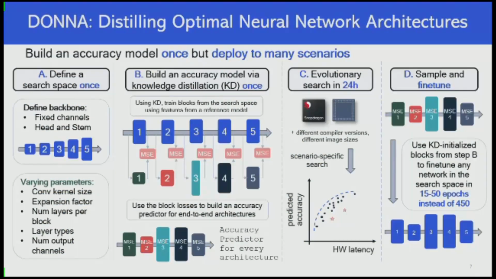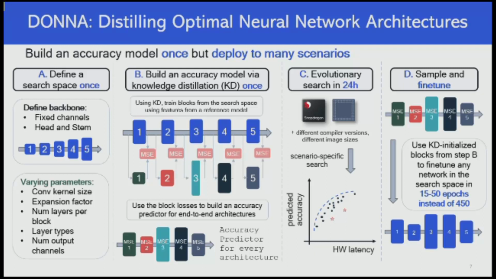So let me give you a quick workflow explanation of what we do here. First of all, DONNA, Distilling Optimal Neural Architecture, we first let the user define a search space. This search space can be a neural architecture backbone. And the user can define their own parameters, such as convolution kernel size, expansion factors, and so on and so forth.